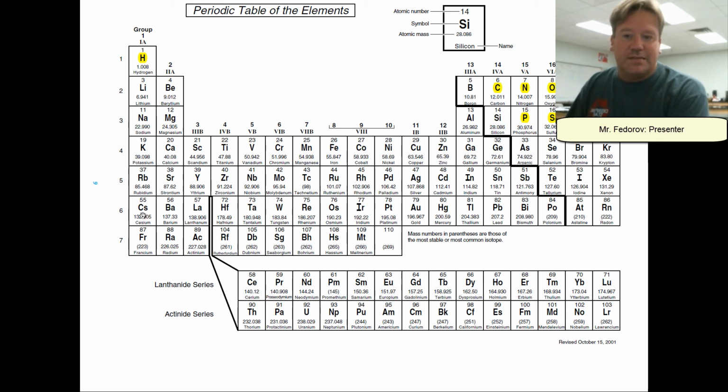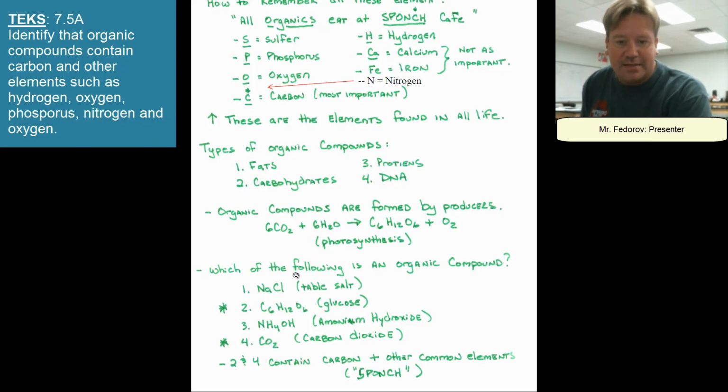Here's cesium, Cs, capital C, lowercase s. So just be sure that when the next letter after it, like in this case chlorine, Cl, is a lowercase l, you know it's chlorine and not carbon. And so for that case, sodium chloride or table salt is not considered an organic compound.